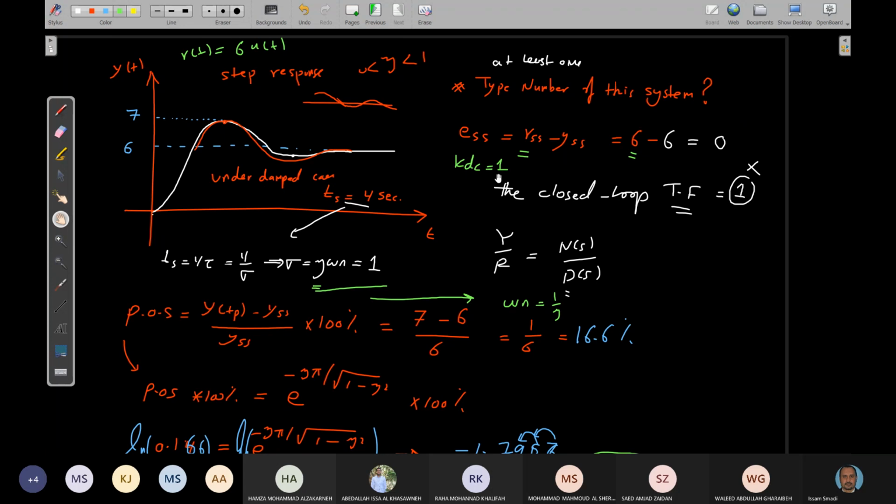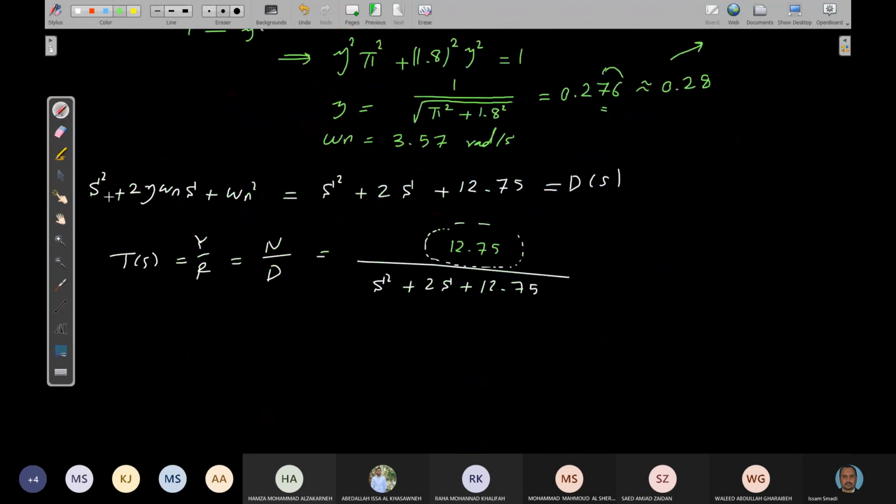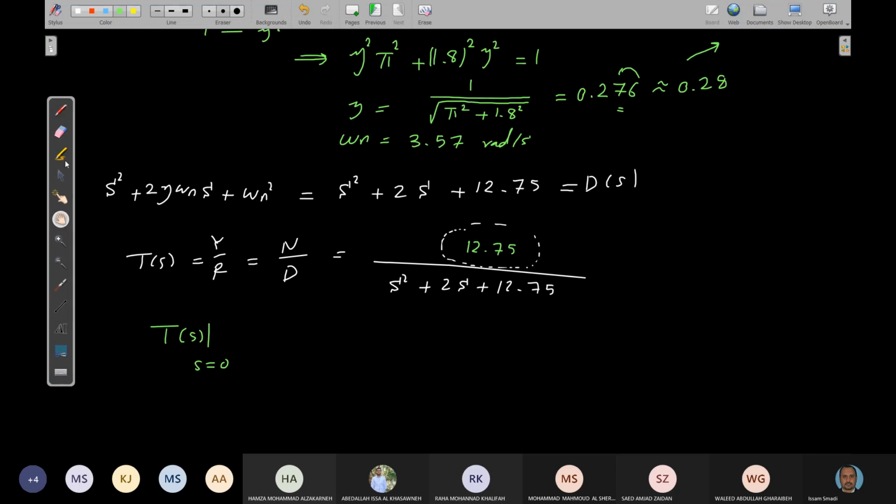So now the DC gain is the value at S equal to 0. This is actually what we call the DC gain, K DC. Now let's assume the numerator is unknown, and for that I will use alpha.